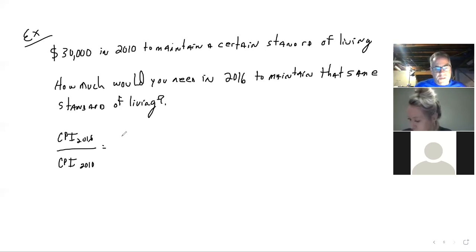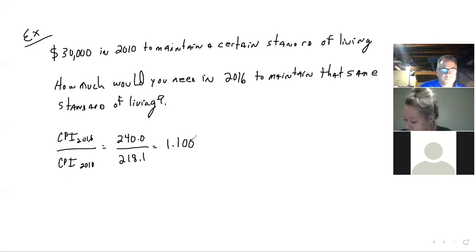So you would pull off the table and find the index number for 2016. It's 240. And the index number for 2010 is 218.1. Then I would just get my calculator and do the division. I would get 1.1, carried out a couple places, but it's 1.1. So typically prices were 1.1 times what they were in 2010.